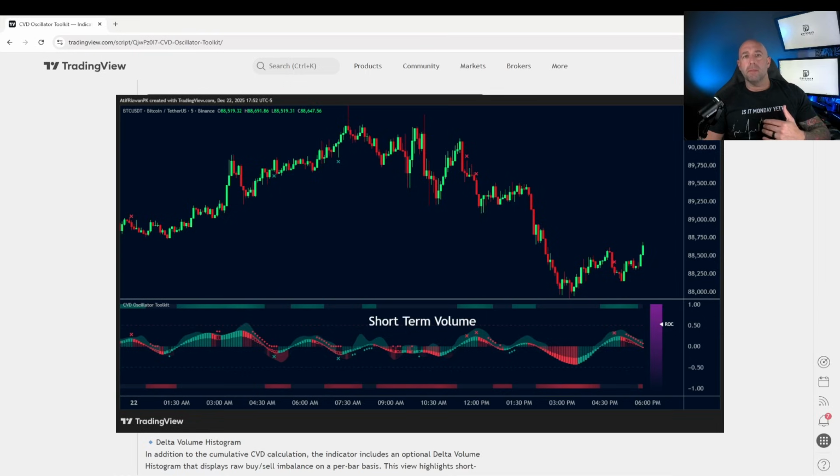In short-term mode, delta volume is summed over a rolling window to emphasize local momentum and shorter horizon shifts. The resulting series forms the raw CVD, which is then used for normalization, smoothing, and signal generation. All calculations rely only on confirmed historical bars, ensuring consistency and non-repainting behavior.